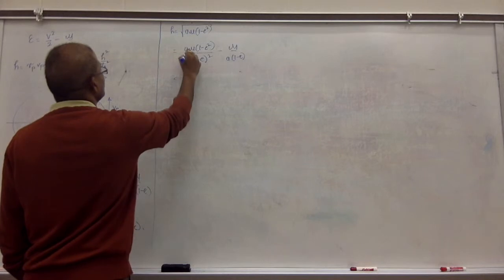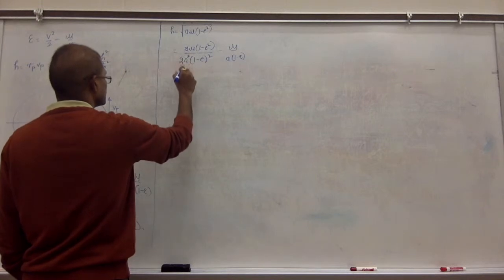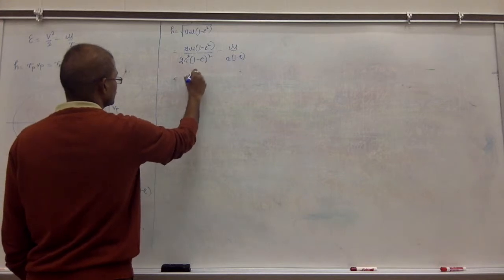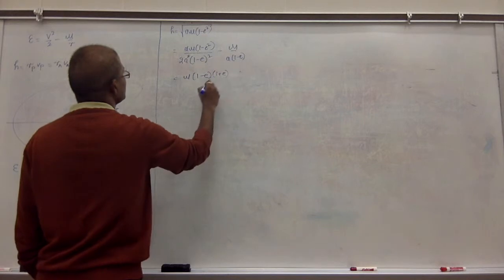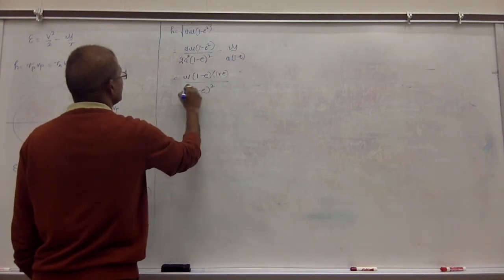Okay, a square. So this square, this cancels. So just think about mu 1 minus e 1 plus e divided by 1 minus e square 2a.